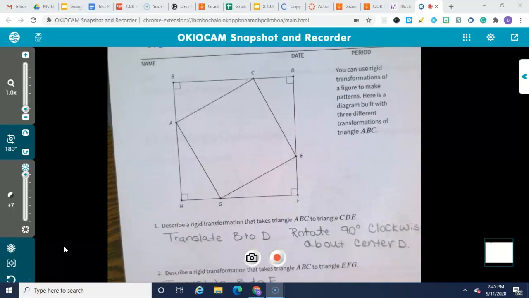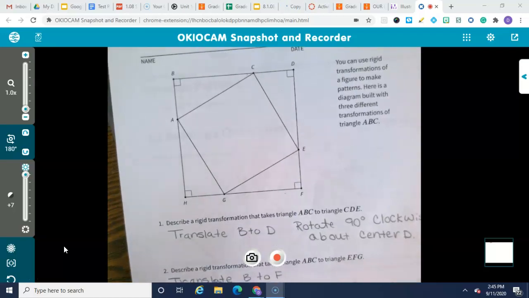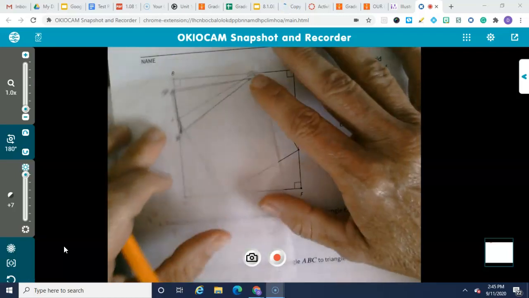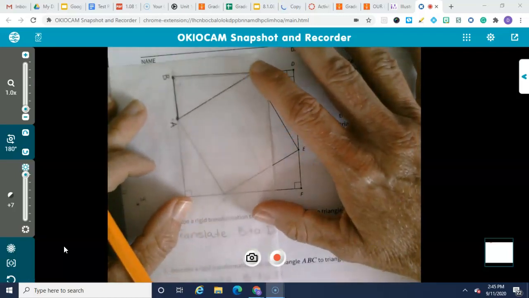All right, so the next one says describe a rigid transformation that takes ABC to GHA. So this is ABC again, and we've got to take it to GHA. So we're moving it over here. The very same triangle that you had traced earlier.